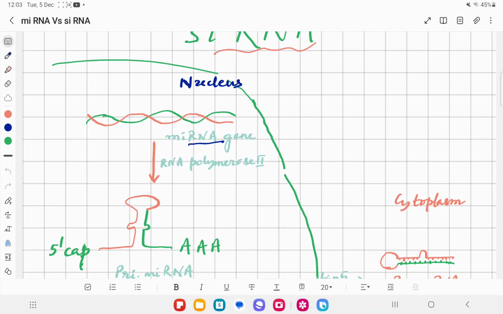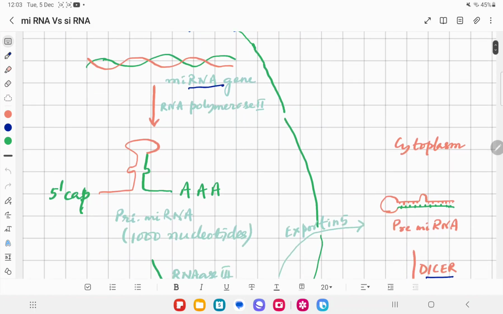So microRNA is produced from the microRNA gene by the action of RNA polymerase II. First there will be production of the precursor of the microRNA, that is the primary microRNA consisting of about 1000 nucleotides.